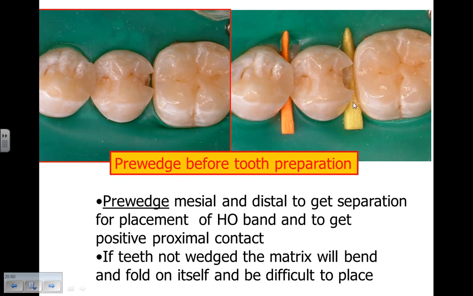I'm creating rapid separation by pre-wedging the Class II. I always pre-wedge Class IIs with or without breaking contact. It's moving the dam out of the way interproximally. It's giving me rapid separation.